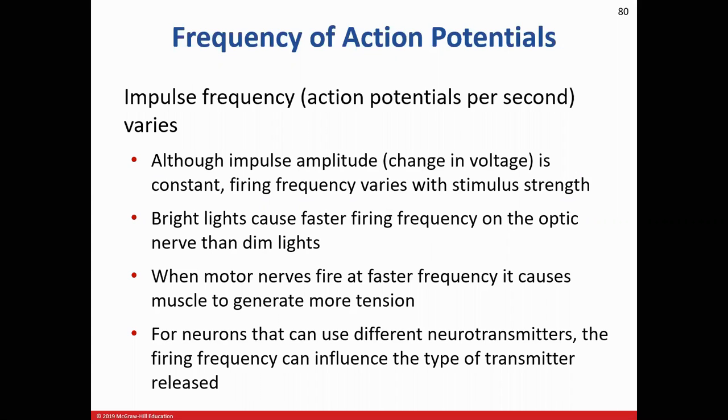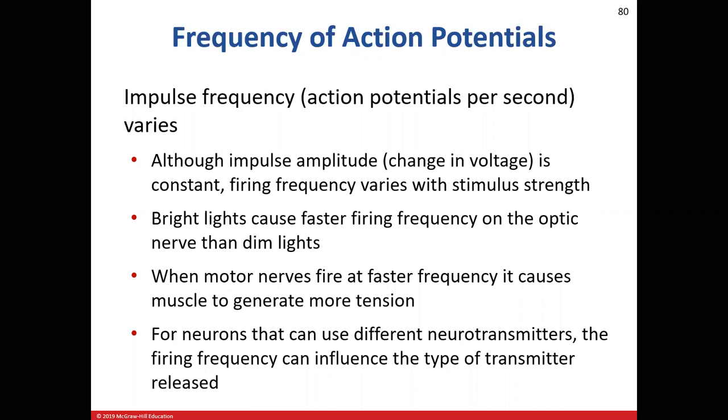However, the firing frequency, or how many action potentials we have in a period of time, is going to vary with stimulus strength. So when we look at an example, bright lights are actually able to cause a faster firing frequency on the optic nerve than dim lights.